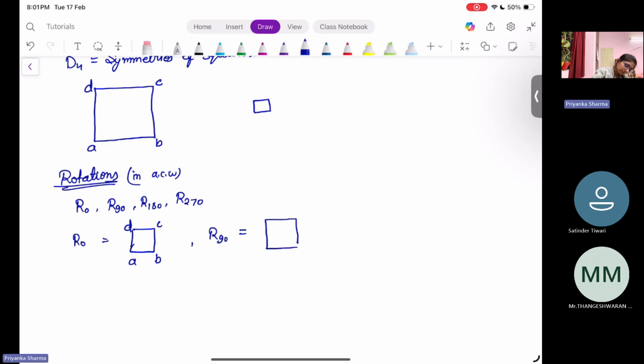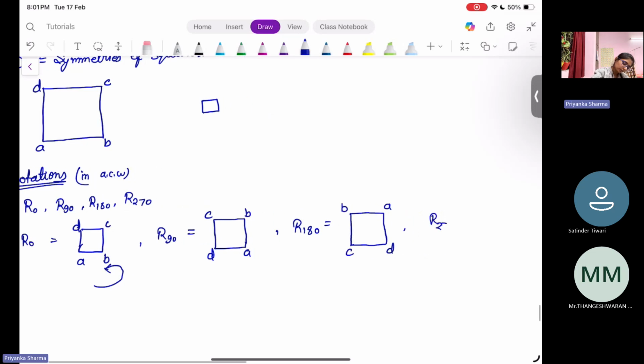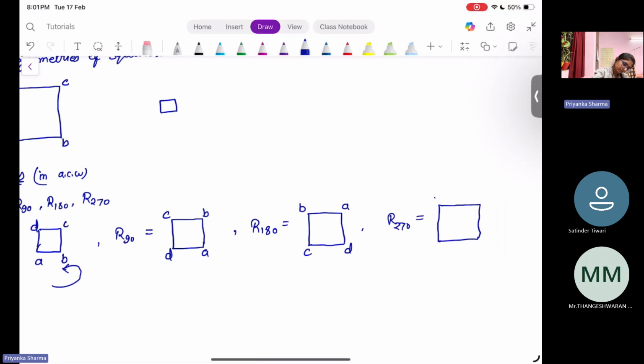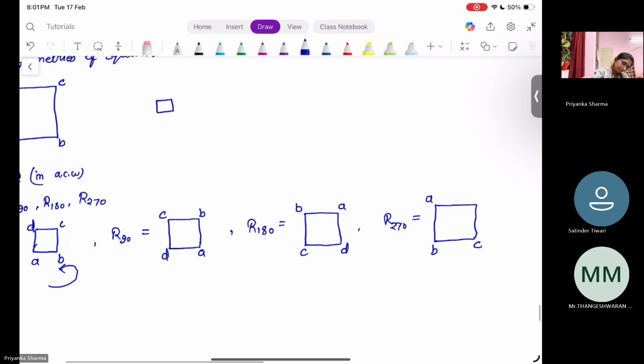This will be rotation by 90 degrees, so A will come here, and then B, C, and D. R180 means we rotate it anti-clockwise by 180 degrees, so A will come here, then B, C, and D. And R270 will be like this: A will come here, then B, C, and D.